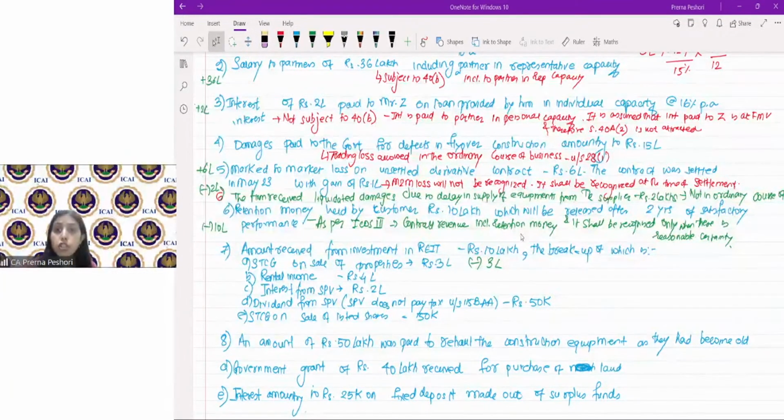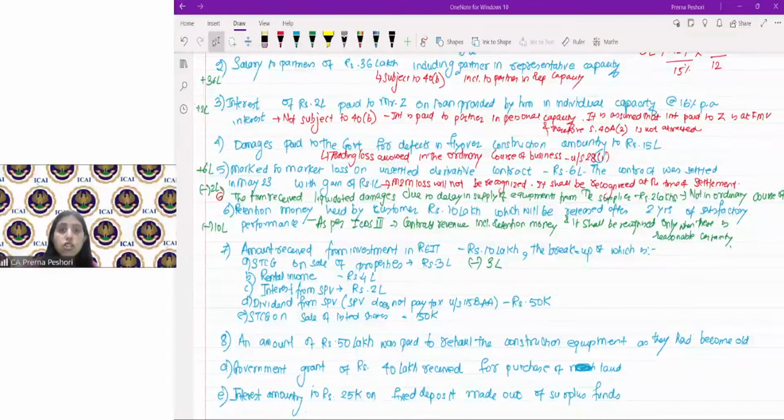Even if it is commercial, it is never in other sources. Income from house property does not differentiate between residential and commercial house property.